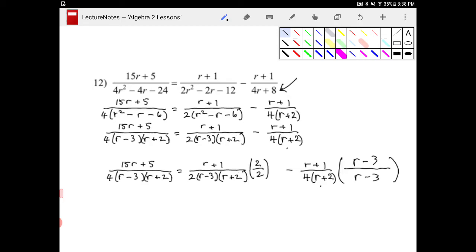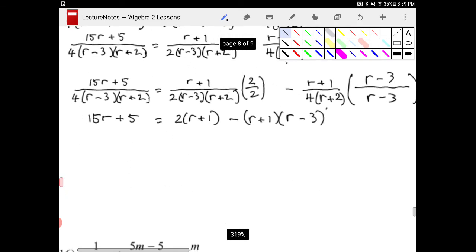And then what I can do now is just drop the denominator. So I have 15r plus 5 is equal to 2 times r plus 1 minus r plus 1 times r minus 3. I still need to solve for r.